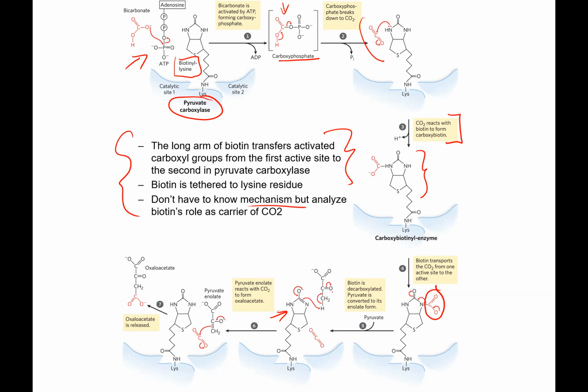So it abstracts a proton from this pyruvate and we get a double bond formed in our pyruvate molecule. Ultimately what we get from all this is an enolate form of our pyruvate, which then reacts with that same CO2 to form oxaloacetate. So just kind of a cool reaction, right?